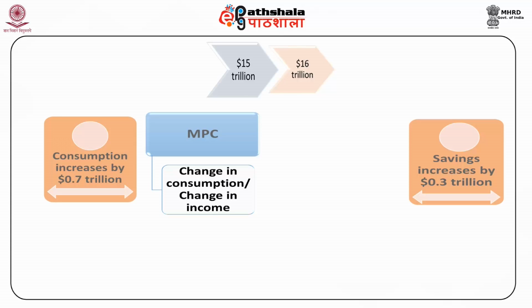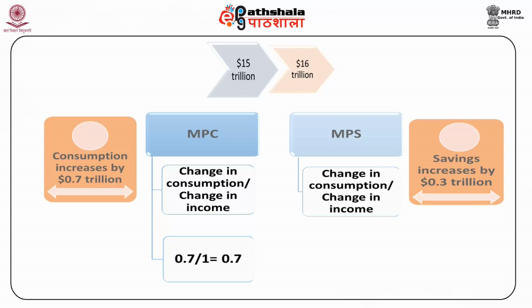So, MPC is 0.7 divided by 1, which is equal to 0.7. The marginal propensity to save is change in savings, that is $0.3 trillion, divided by change in income, again $1 trillion. Hence, MPS is 0.3 divided by 1, which is equal to 0.3.